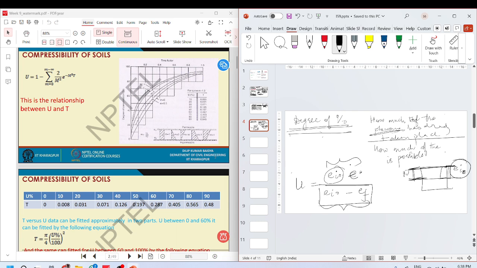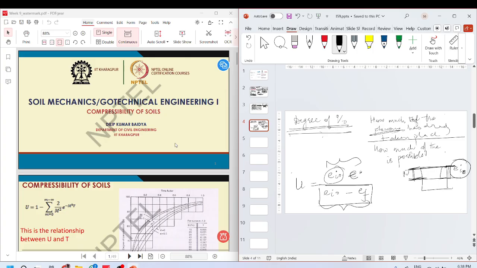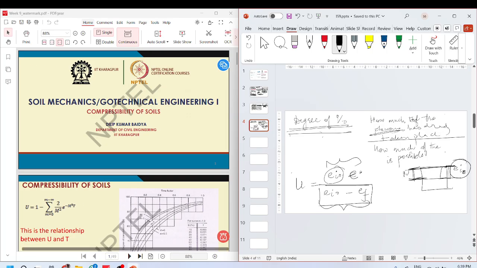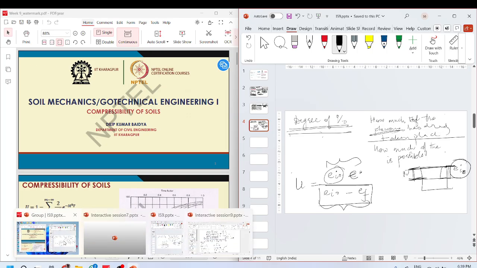You will see this kind of equation in many things, but right now I can't remember the others, though I remember there were some things in which you need this. Okay, so this is the relationship between U and T.